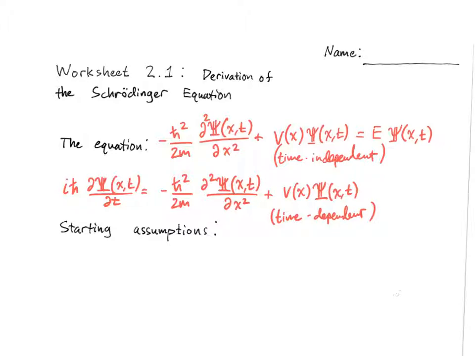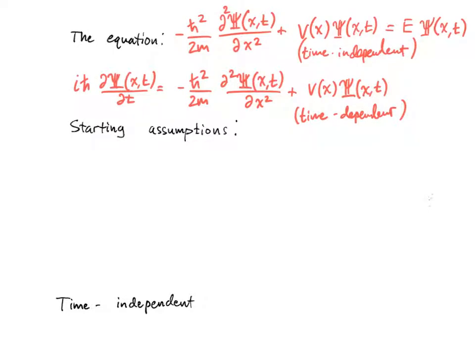Okay, now we've got to walk through some of our starting assumptions here. To begin with, I'm going to write down the expression for momentum. The de Broglie wavelength says that the momentum is equal to h bar times k, where k is the wave number, and it equals 2 pi divided by the wavelength lambda.